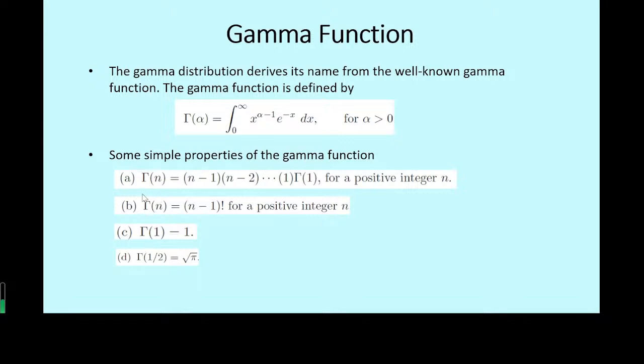For example, gamma n equals n minus 1 times n minus 2 down to 1 times gamma 1. Gamma 1 equals 1, which means gamma n equals n minus 1 factorial. And gamma 0.5 equals square root of pi.